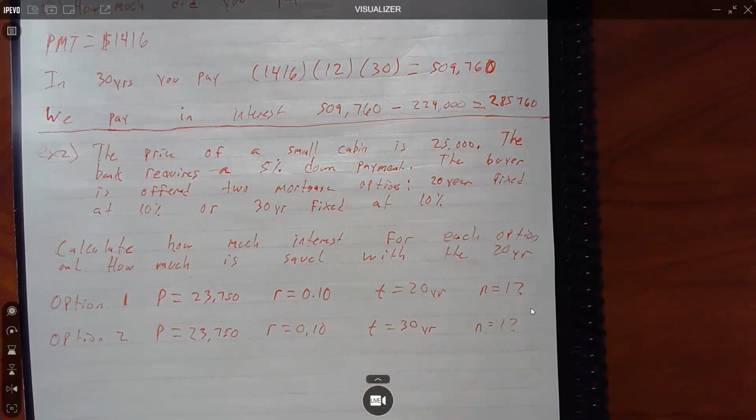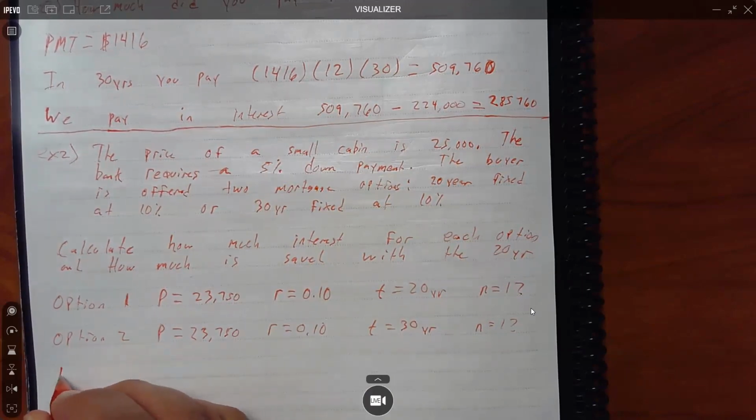So I'm going to calculate that formula twice, then figure out how much I've paid in 20 years versus 30 years. The only thing I'm going to have to change is the time, so you can just reuse the formula on your calculator. Make it easy.